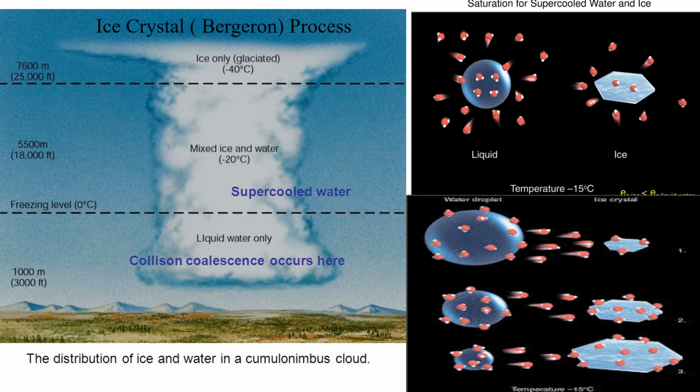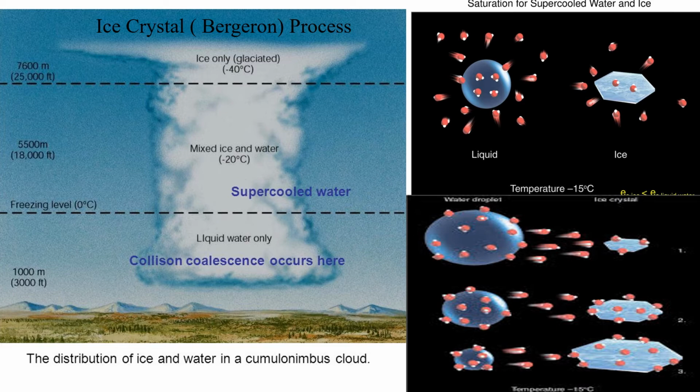Suppose that we take an imaginary balloon flight up through the cumulonimbus cloud. Entering the cloud, we observe cloud droplets growing larger by the process described in the previous lecture.